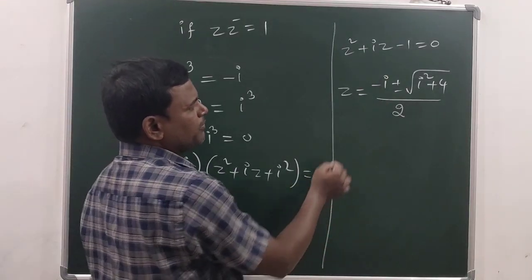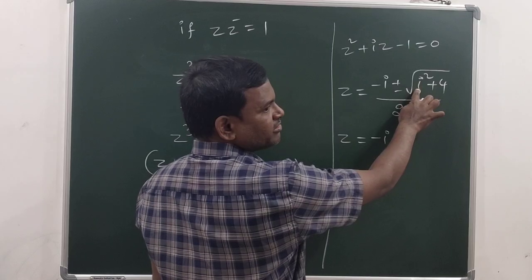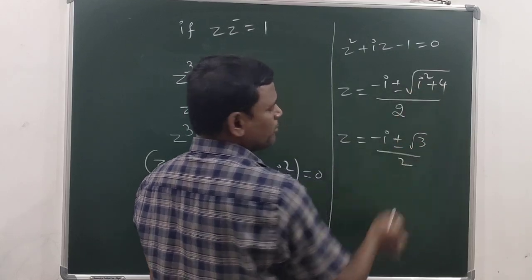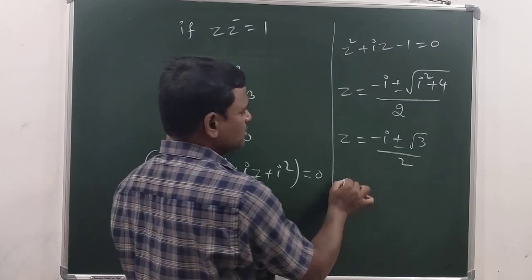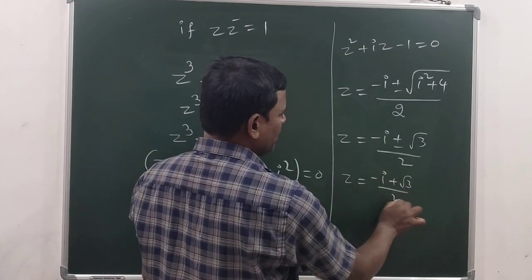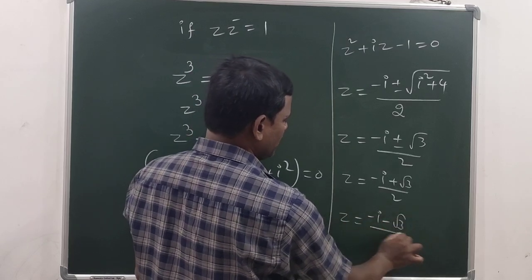Still if you want to simplify this, you can. Z is equal to minus i plus or minus root of (i square minus 4 into minus 1), so root of (minus 1 plus 4), which is root 3, by 2. Okay students. Now Z is equal to (minus i plus root 3) by 2, and Z is equal to (minus i minus root 3) by 2.